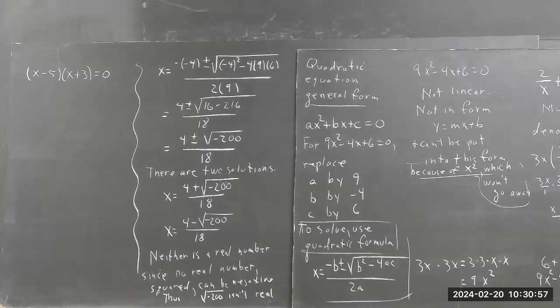A number you can replace x by in order to get 0. Okay, nobody's giving me any suggestions. Let me just ask you this. Just work it out on your paper. Plug in x equals 5. See what you get. Rewrite that equation, but replace x by 5 and then work it out.